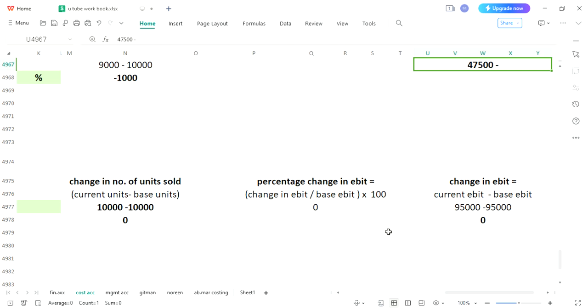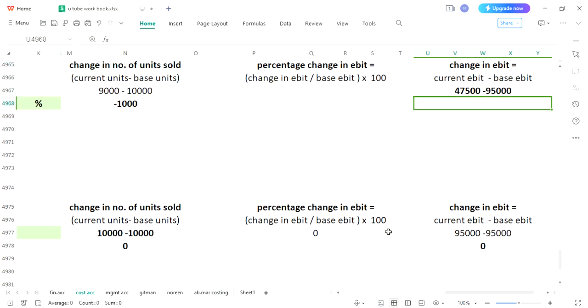So over here you will put 95,000. So in this way, change in EBIT would be calculated. Statement has been completed. 47,500 minus 95,000. With this, you have calculated your change in EBIT, minus 47,500.